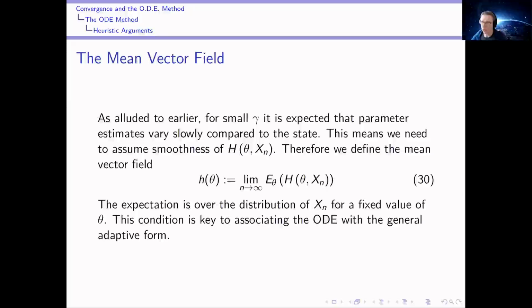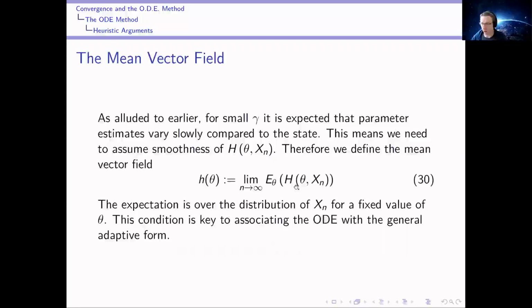So we don't want any sudden changes in the parameter vector and then run the risk of leaving our region of convergence. So we expect theta to vary slowly, and this imposes some requirement on the smoothness of H in terms of the following definition for the mean vector field. So the evaluation of this mean vector field requires us to freeze the state and parameters.